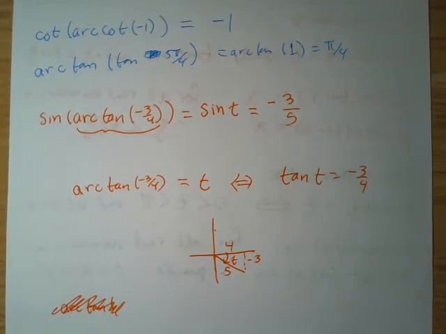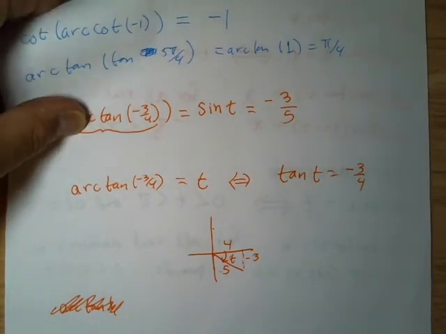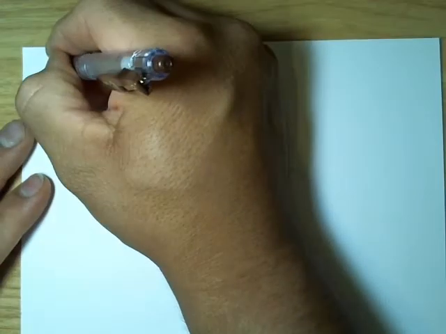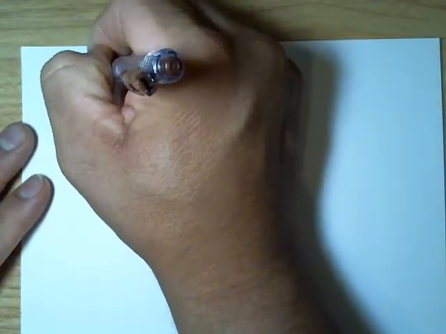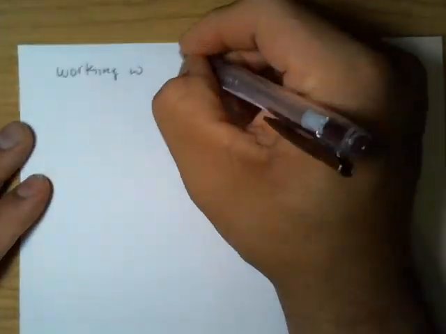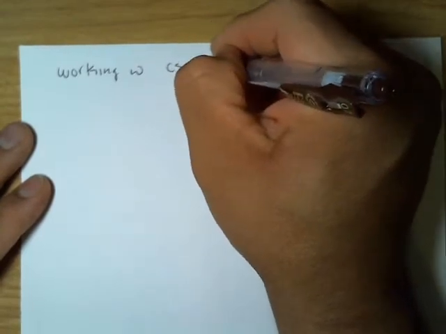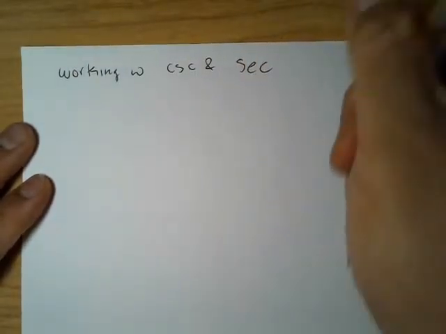All right, now to wrap up this video, we still haven't talked about the cosecant or the secant, so we'll do that now. So we're going to be working with the cosecant and the secant.